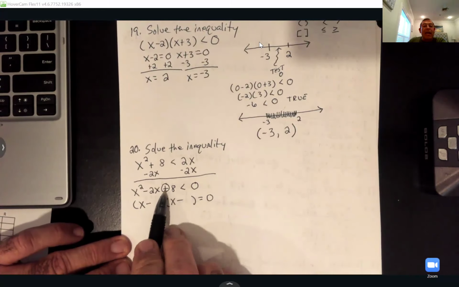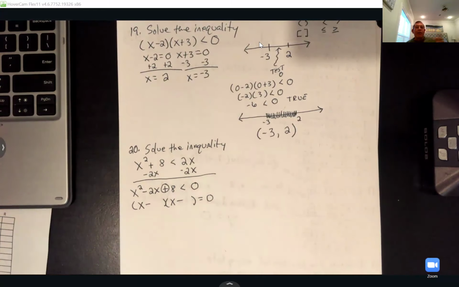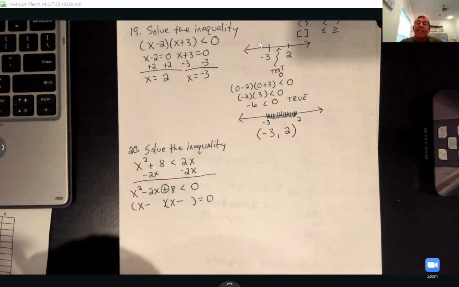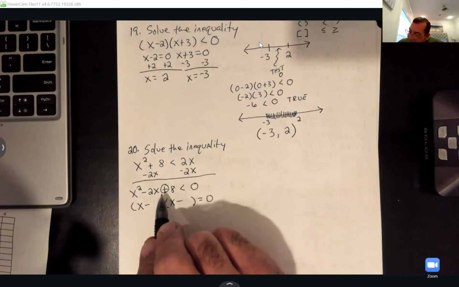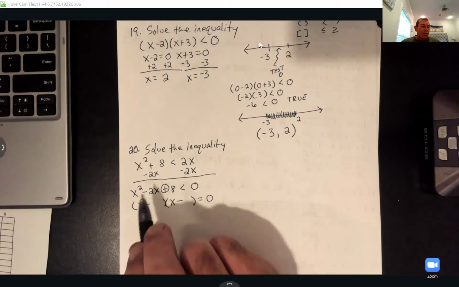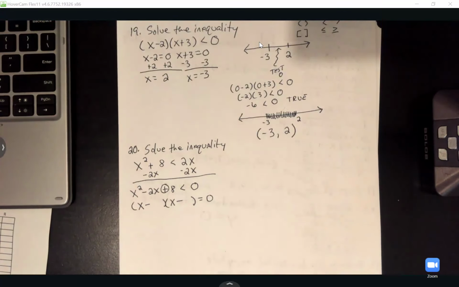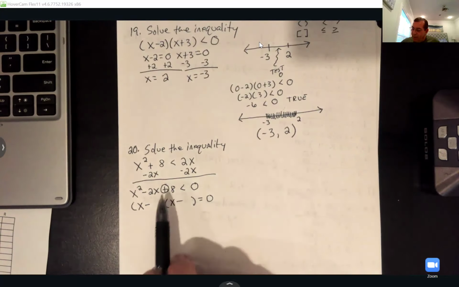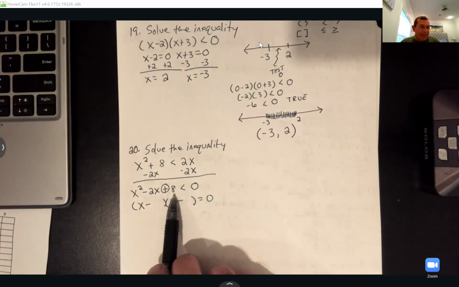The plus means like signs, like the middle. So now find me factors of 8 that add to get 2. 6 and 2? Oh, 6 times 2 is 12. We want factors of 8.